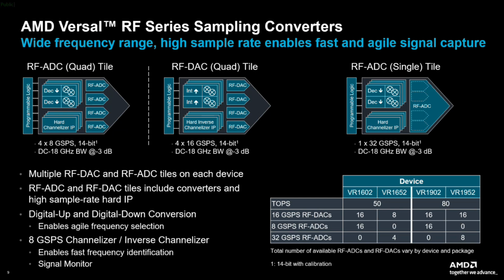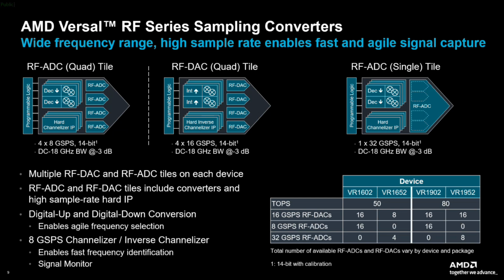Now, how do we get to 32 gigasample? That's the next question. And for those of you who are familiar with the Zynq UltraScale+ RFSoC, you know that we time interleave 2 of the ADCs, where here we actually time interleave 4 ADCs to get to 32 gigasample.